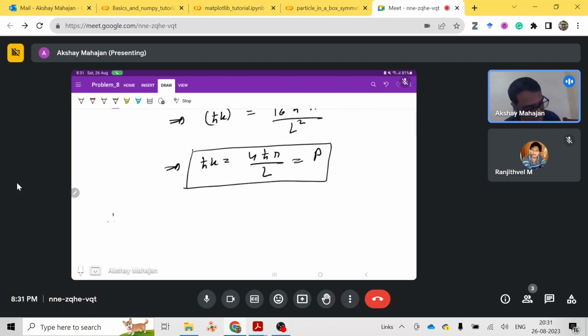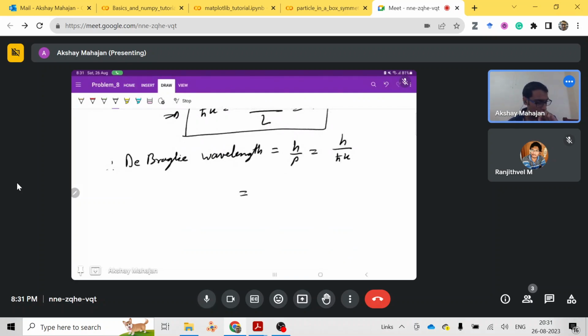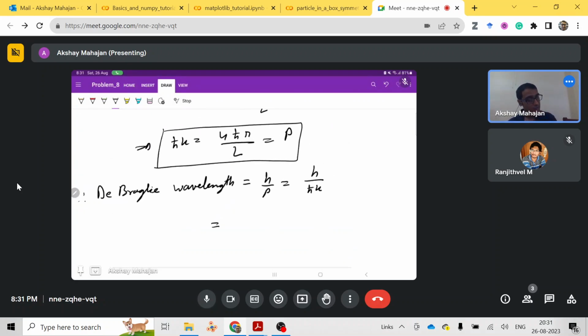So therefore our de Broglie wavelength, which is given by h upon p, will be given by h upon h cross k, and h cross k we have found is 4 h cross pi by L. So we have h upon 4 h cross pi by L. That gives us hL divided by 4 h cross pi, and h cross is h upon 2 pi.